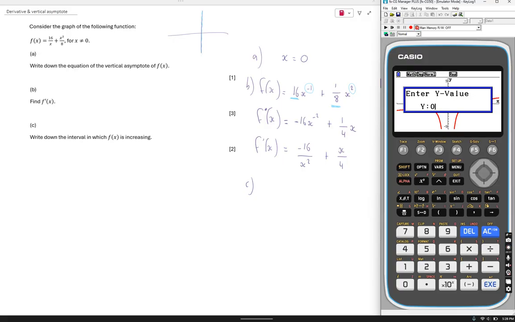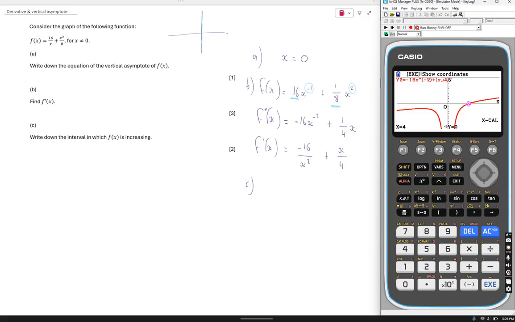If we figure out what x is when y is 0, let's see what it is. It says x is 4. So if you're looking on my graph on the calculator, anything to the right of x equals 4 is positive. That means that it's increasing. The original function is increasing after that point.